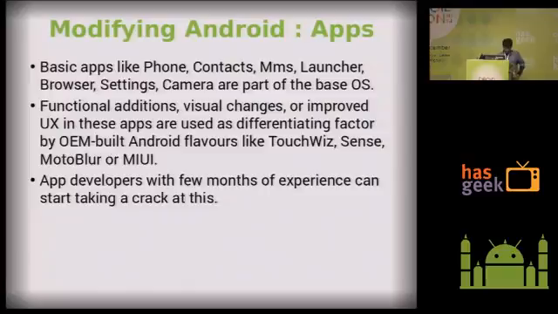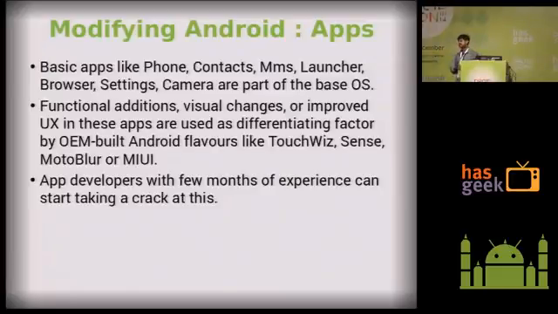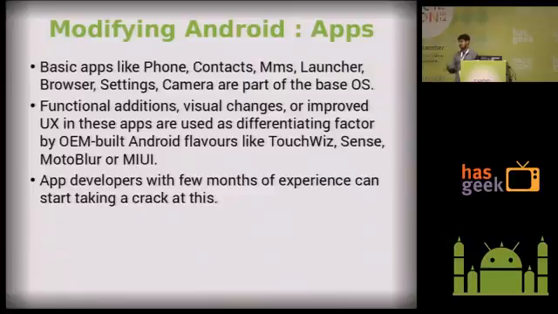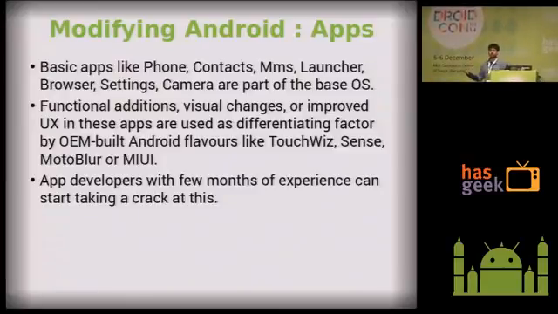So when we talk about the UI side, if you have run some custom ROMs, you will see a lot of the changes are in the contacts app, in the SMS app, in the settings app. These things, as an app developer, are not going to be something new to any of you. It's exactly the same structure as you structure your source for an APK.